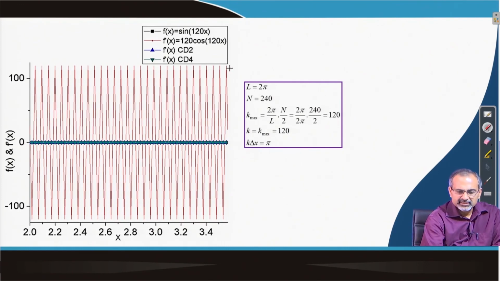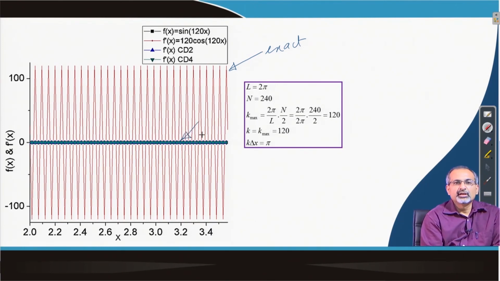You now see that the red plot happens to be the exact one, while all the discretizations have fallen off and become very close to 0, which means they have failed in capturing the behavior of the first derivative at the highest wave numbers.